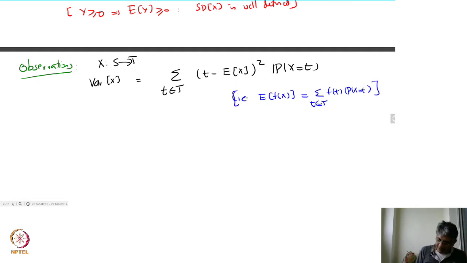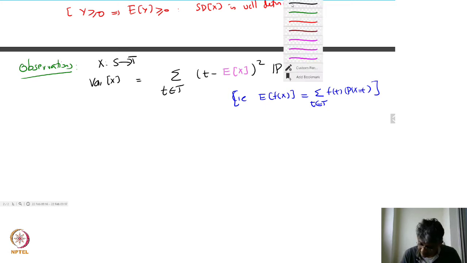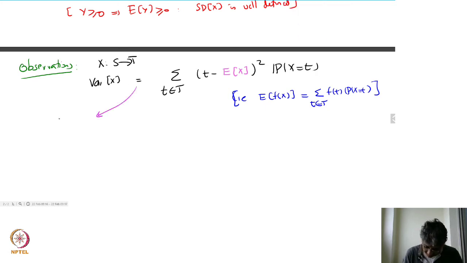So now you notice, what am I doing? I'm taking everybody in the range of x, looking at how far it deviates from E of x, and taking its average. So in a sense, variance of x is the average squared distance of x from its expected value.